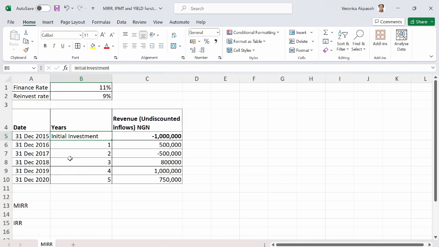The year 1 is the initial year of investment, which is always an outflow, and then we have 5 years of expected inflows. So this is why year 1 is negative. But in this example, in the second year of expected inflows, we can see a negative inflow instead of a positive one. Let us apply the MIRR function to this example, as well as the IRR function, and see if we will get the same answer.